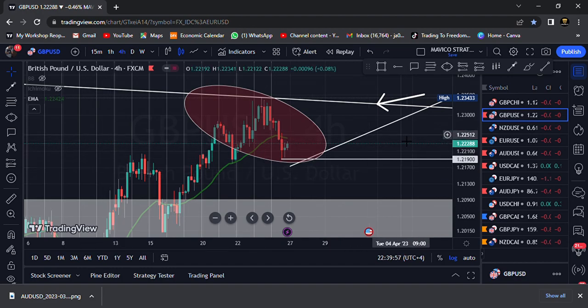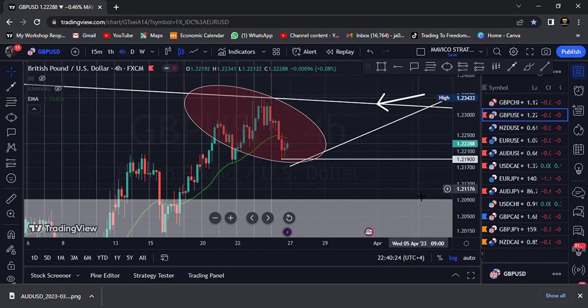So I will advise we put sell stops, because if you are putting a sell stop at this level, it's a confirm that if price breaks this 1.2190, at least you're going to be looking at take profit at 1.2130, which is almost like 60 pips.